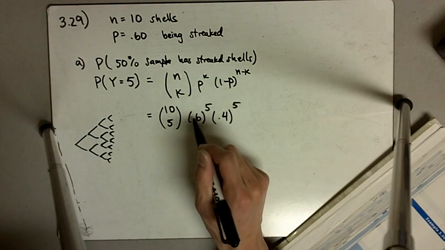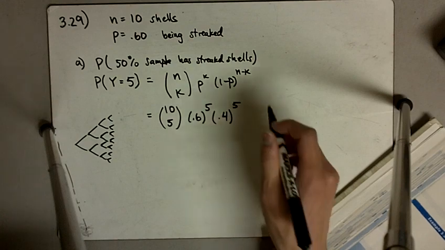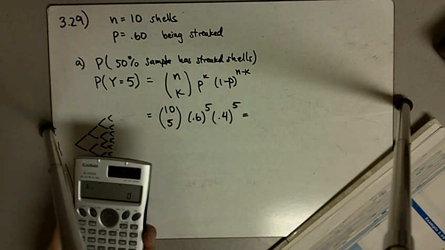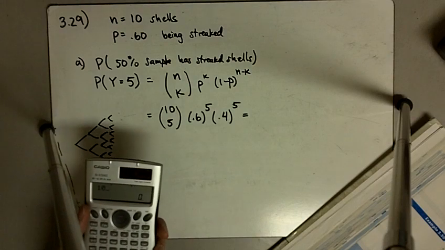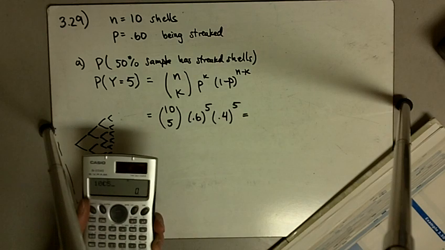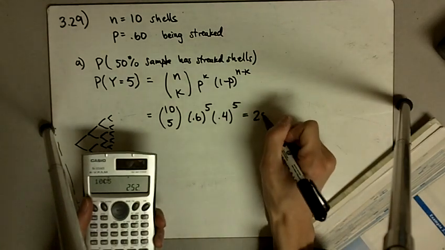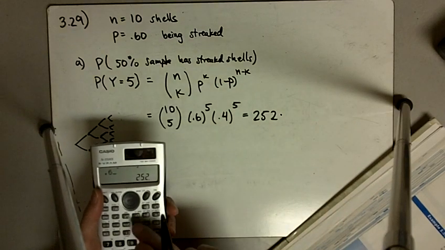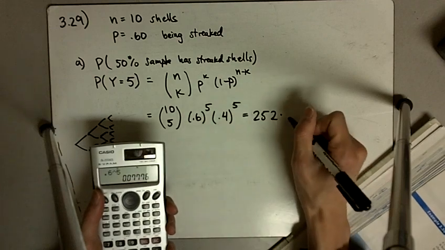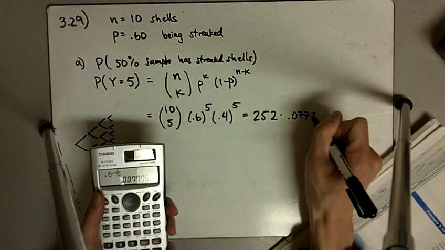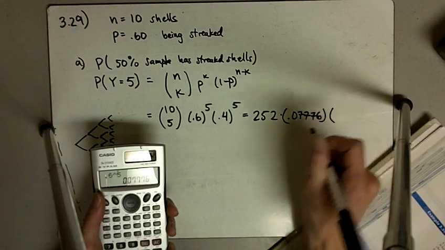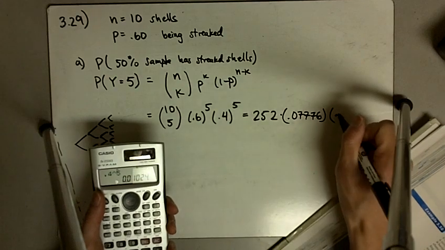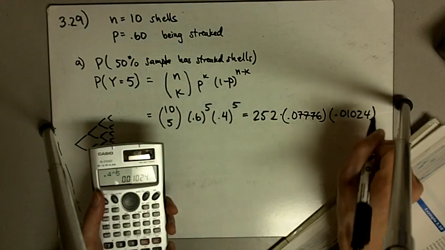And of course, we have to find out how many different ways there are. So 10 choose 5, I believe, is 252. 252 times 0.6 to the 5, which is equal to 0.07776, times 0.4 to the 5, 0.01024.